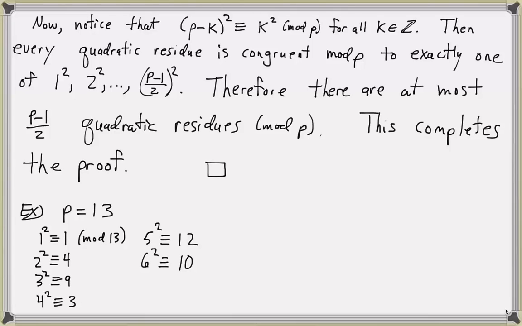So therefore, the numbers 1, 4, 9, 3, 12, and 10 are all quadratic residues mod 13. Let's put them in order: 1, 3, 4, 9, 10, and 12 are quadratic residues.